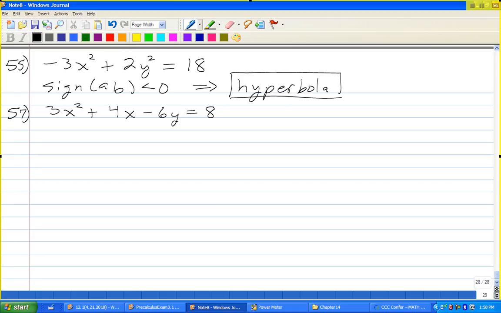Therefore, I have that B is 0. Therefore, this is a parabola.